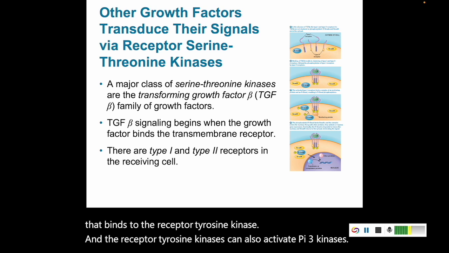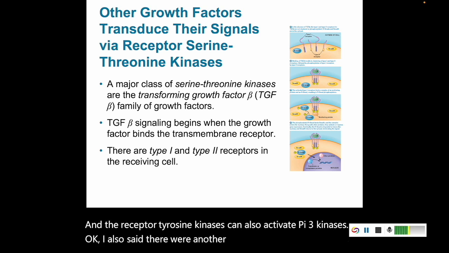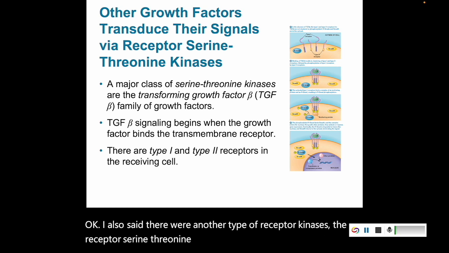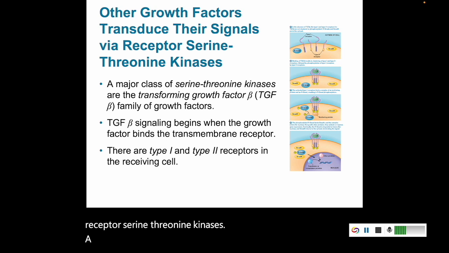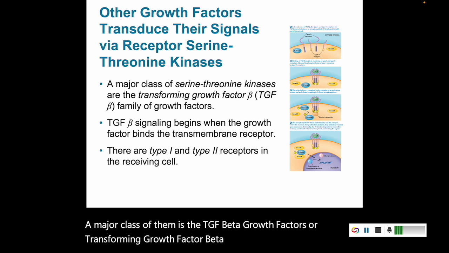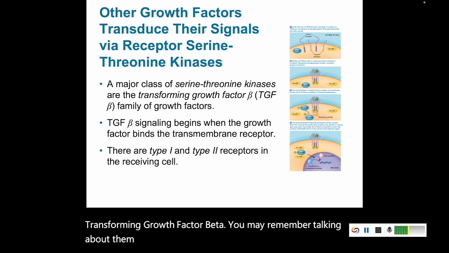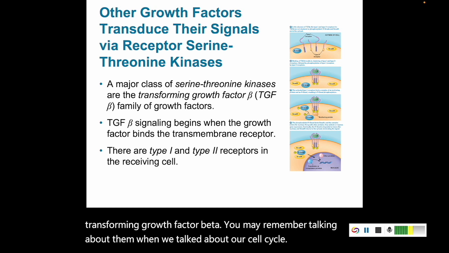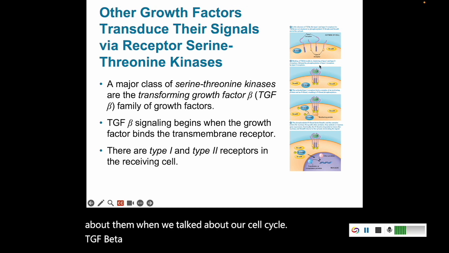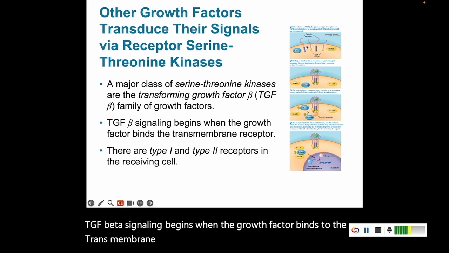Okay, I also said there was another type of receptor kinases, the receptor serine threonine kinases. A major class of them is the TGF-beta growth factors, or transforming growth factor beta. You may remember talking about them when we talked about our cell cycle. TGF-beta signaling begins when the growth factor binds to the transmembrane receptor. And you can see there's two different kinds here.